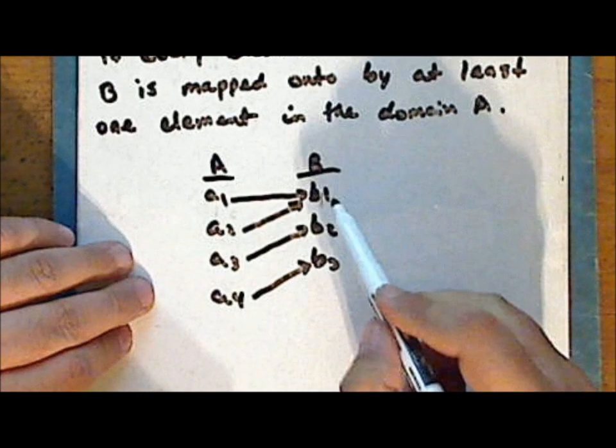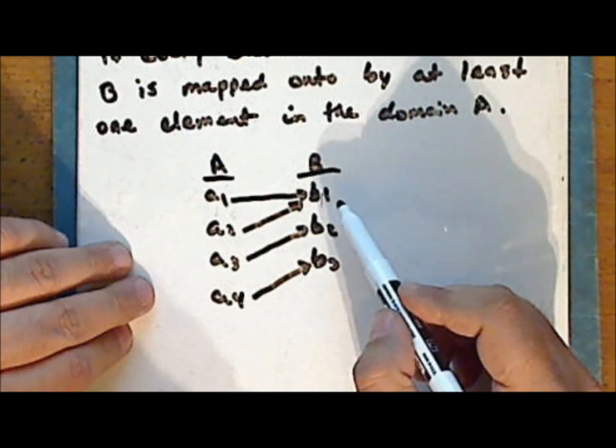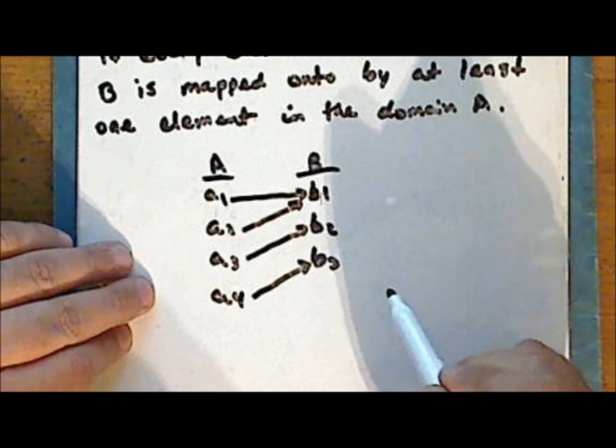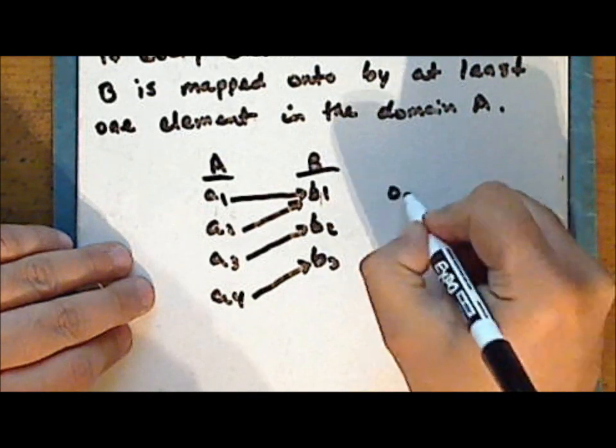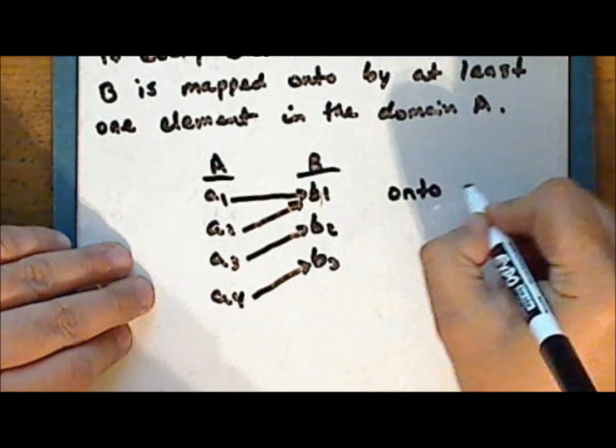Now, because of this, a surjection is also called an onto function.